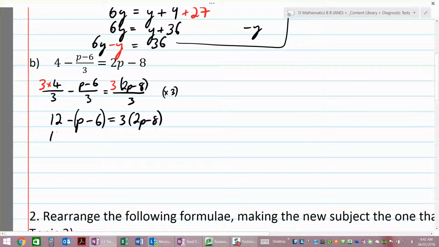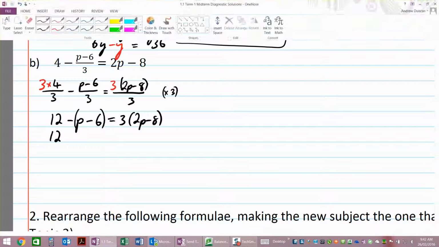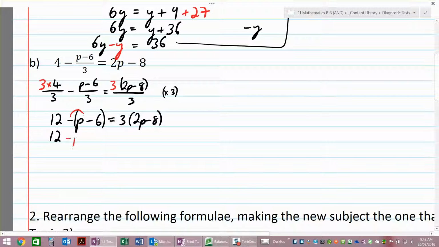Okay, from here I can do my expanding. Minus p plus 6. And expand on the other side as well. 6p minus 24. Okay, now I can collect like terms, so simplify this. 12 plus 6 is 18. Okay, and 6p minus 24.